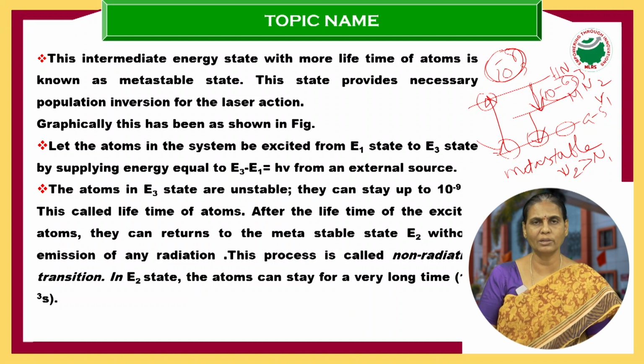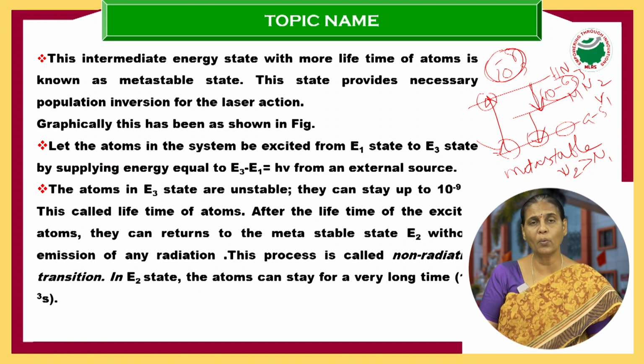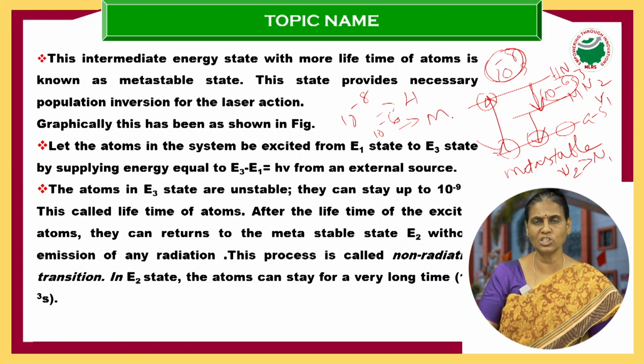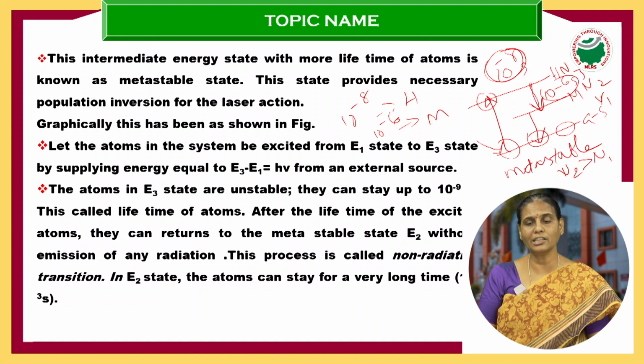which is also called the metastable state. Now, what is a metastable state? A metastable state is a state in which an atom or electron will stay for more time when compared with the higher energy state. The best example I gave here: 10^-8 in the higher energy state, 10^-6 in the next energy state, that is the middle energy state. So in the middle energy state, the atom is staying for more time when compared with the higher energy state.